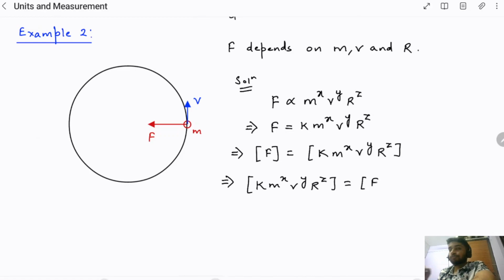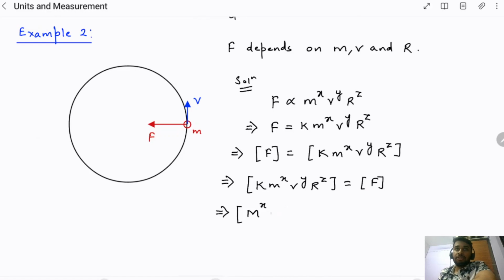Now let us put the dimensions of each and every term. Here k is a mathematical constant, and we know that mathematical constants are dimensionless. So k will not have any dimension here, so we can ignore k. For mass, the dimensional formula is capital M, so M to the power x.